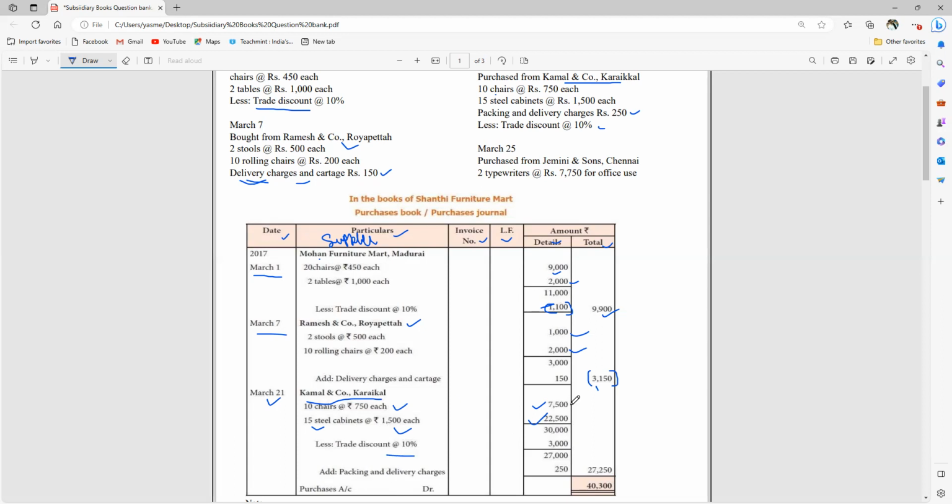So 7,500 rupees of chairs and 22,500 rupees of steel cabinets, a total of 30,000 worth of goods we have purchased. For that 30,000, we have to deduct the trade discount, that is 10%. 10% of 30,000 is rupees 3,000.